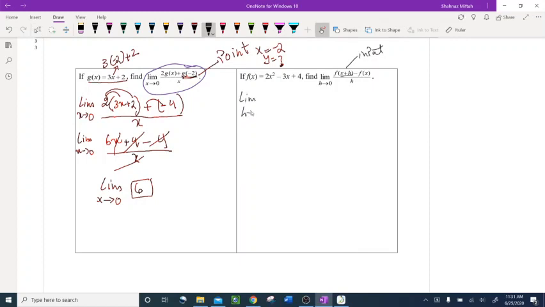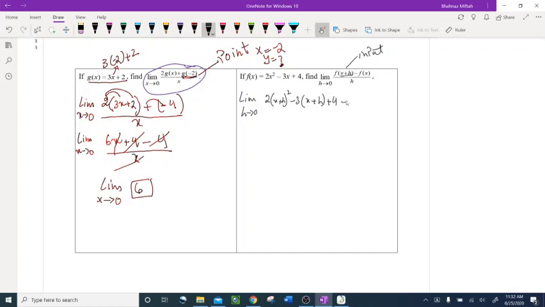Limit as h approaches 0. So I'm going to plug that in first. It's going to give me 2 times, instead of x squared, I'll plug in x plus h whole squared, minus 3 times x plus h, plus 4.